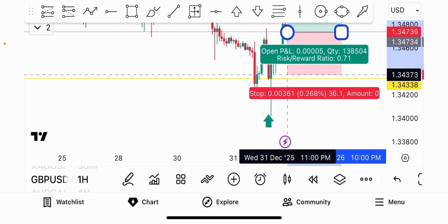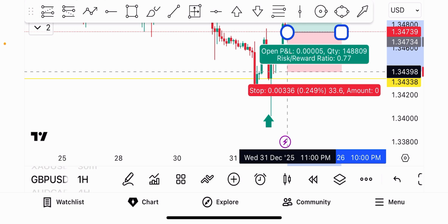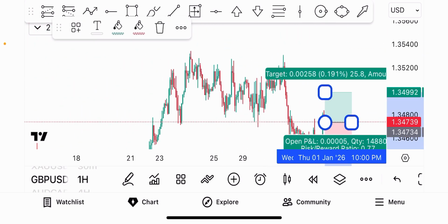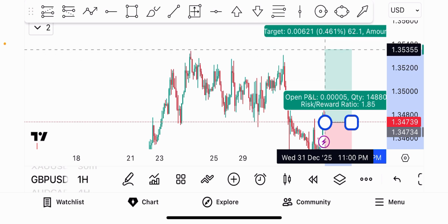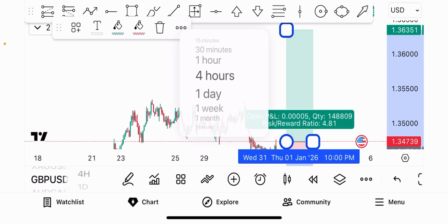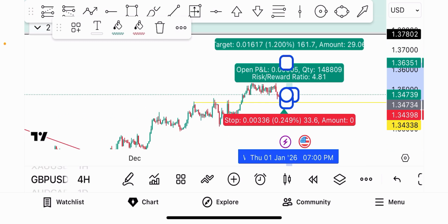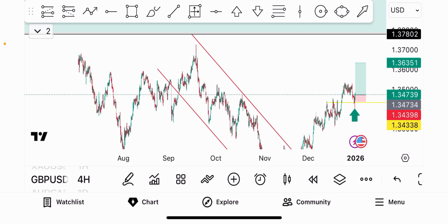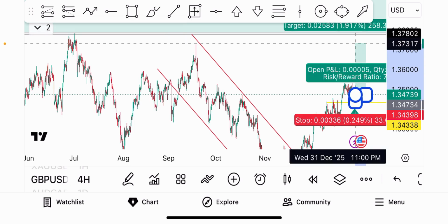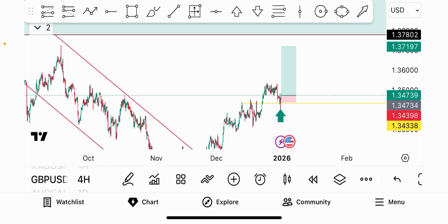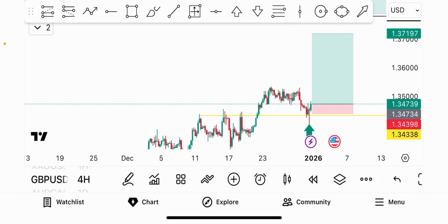So we can slightly put our stop loss below here, which is roughly 30 pips, and our target profit can be as much as this, even way further. If we take a look from the H4 time frame, we can extend our take profit level possibly to this high here.